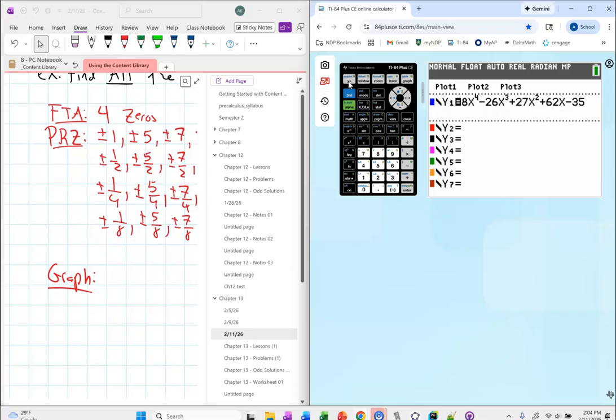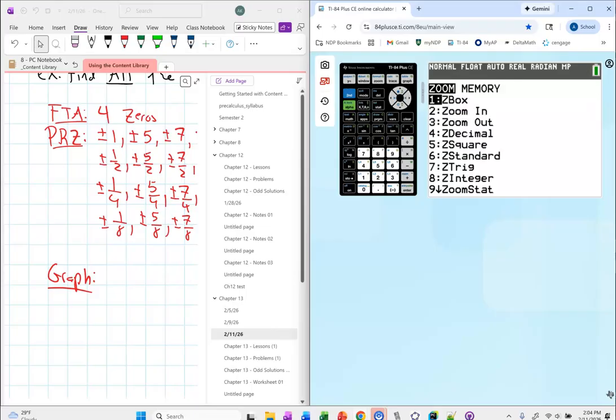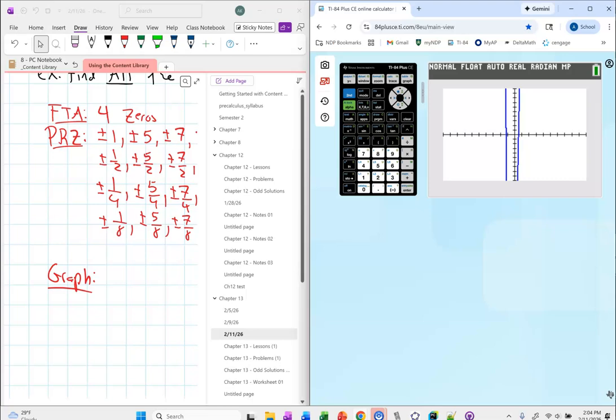I'm going to type in my polynomial as it appears on my sheet of paper. I've got that in there already. I don't know what the last thing I graphed was, so I'm going to just do zoom standard. Typically that's enough. If I feel like I'm missing zeros, then I can always address it later on. So I have one zero that's between 0 and 1, and a second zero that's between -2 and -1.